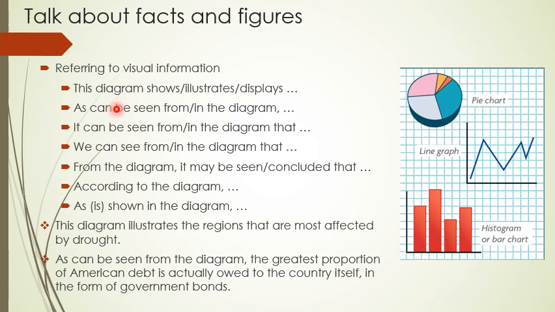For example, to talk about figures, we can use the diagram shows, the diagram illustrates, the diagram displays, or so on. As can be seen in the diagram. It can be seen from the diagram that, we can see from, or we can see in the diagram, and so on, from the diagram, according to the diagram, as is shown in the diagram.